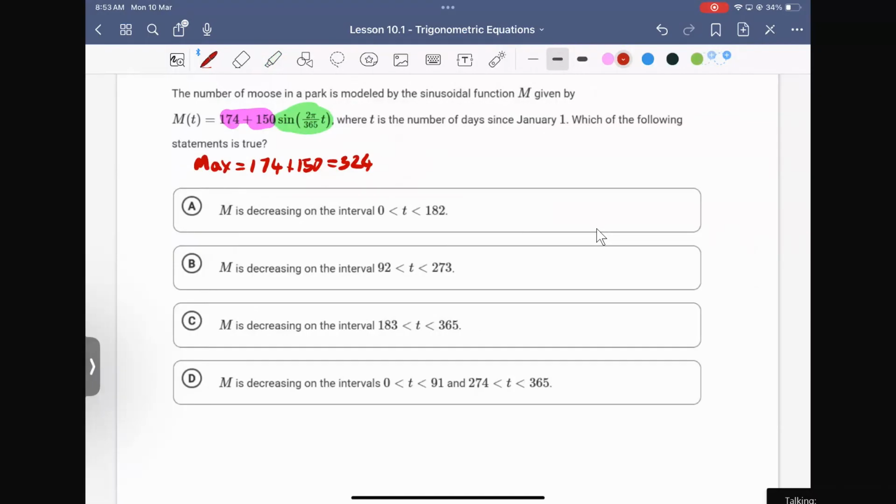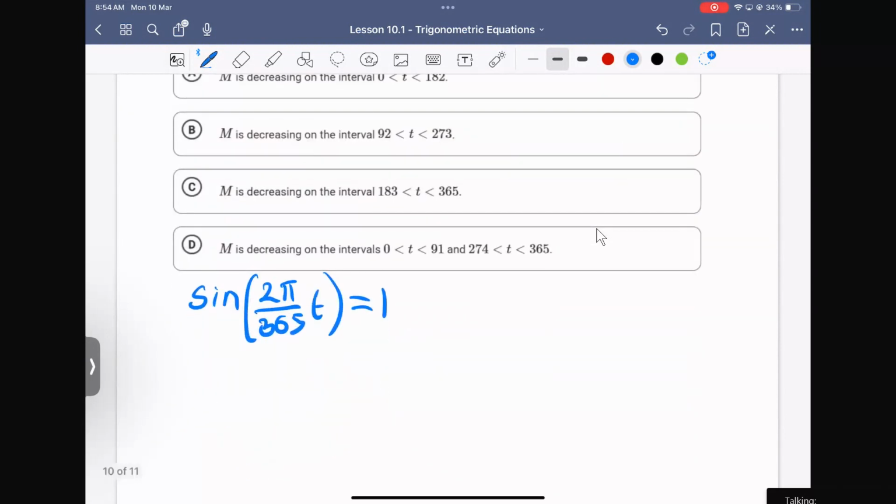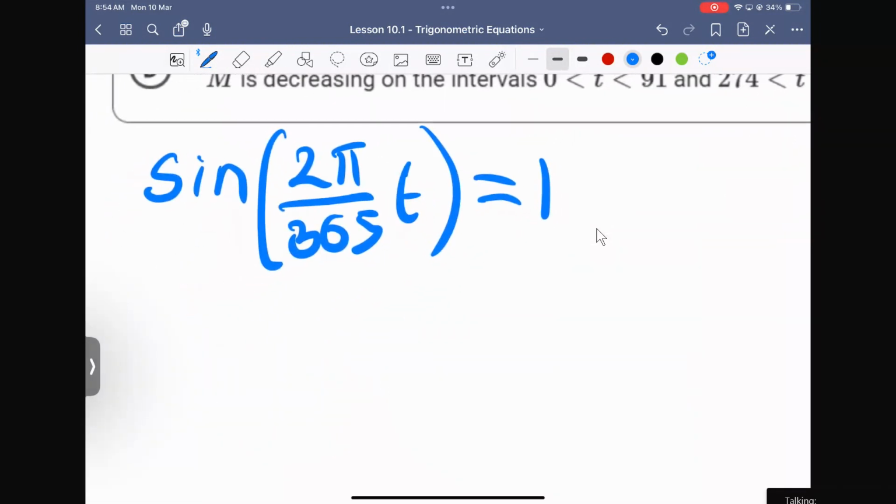What we need is to find out where the maximum and minimum are. So if we take the equation sine of 2 pi over 365 t is equal to 1, we wish to solve this one. So we get 2 pi over 365 t.